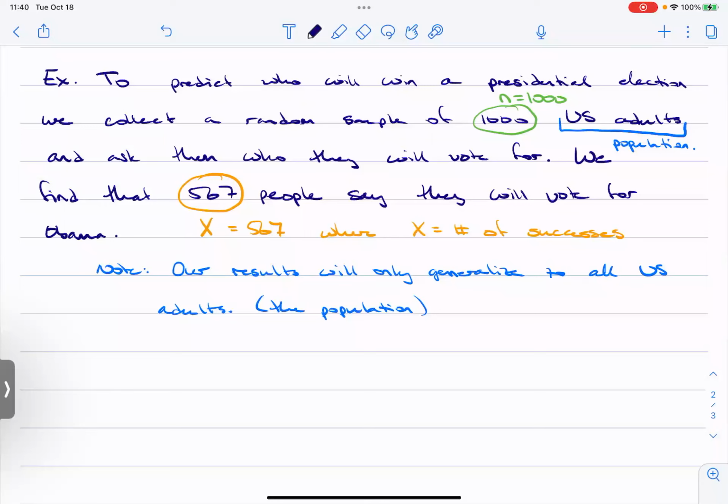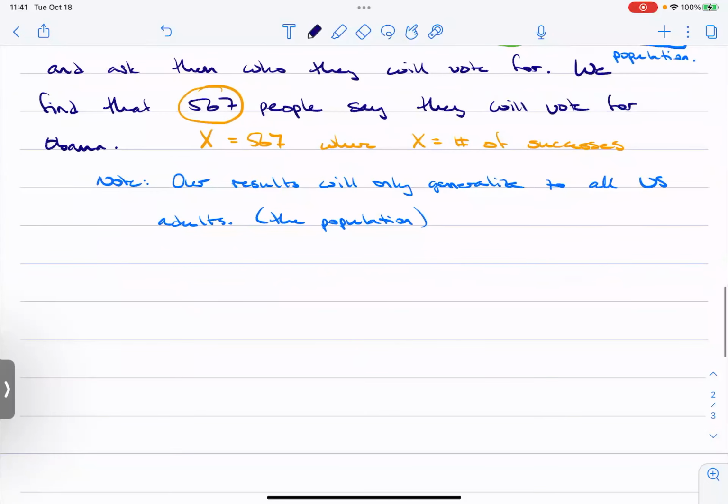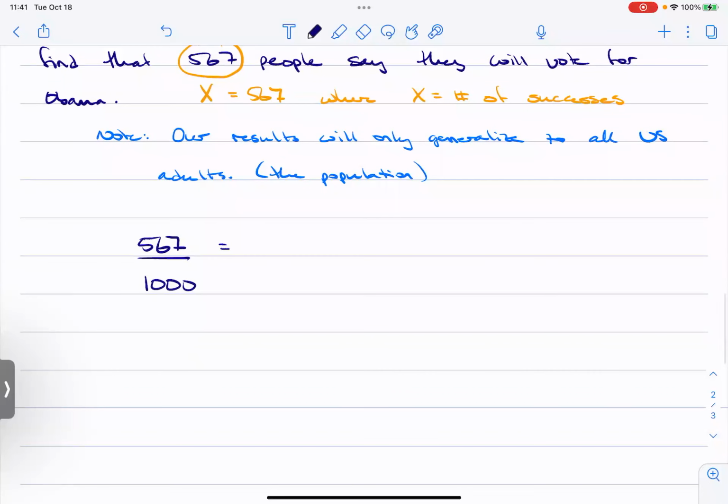So what we have is we can find a sample proportion of people who say they're going to vote for Obama. We can find 567 divided by 1,000. We'll call this the point estimate. Remembering that the point estimate is just shorthand for our best guess at how the population feels.